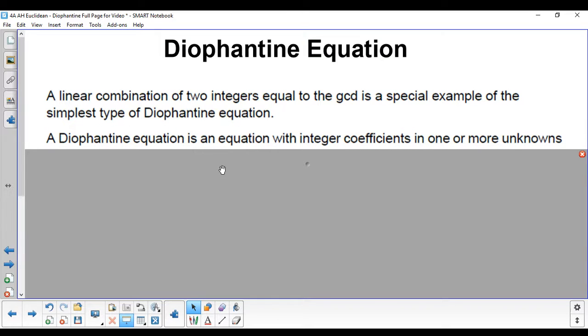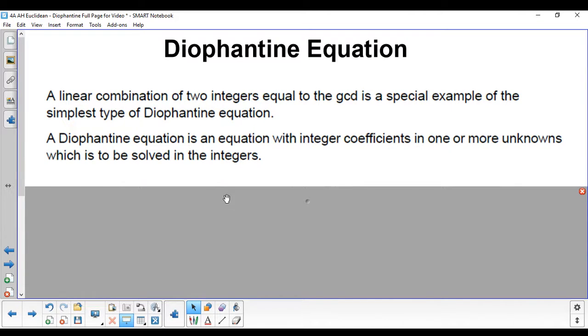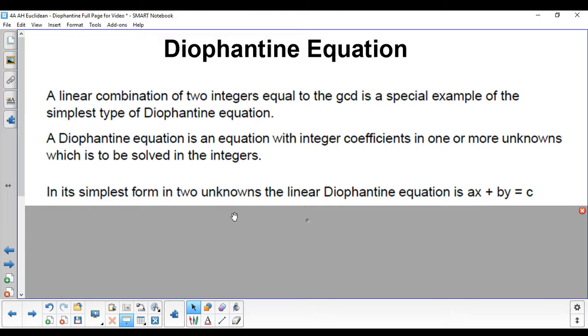A Diophantine equation is an equation with integer coefficients and one or more unknowns, which is to be solved in the integers. In its simplest form, with two unknowns, the linear Diophantine equation would be so many x and so many y equals c, just like you have done.